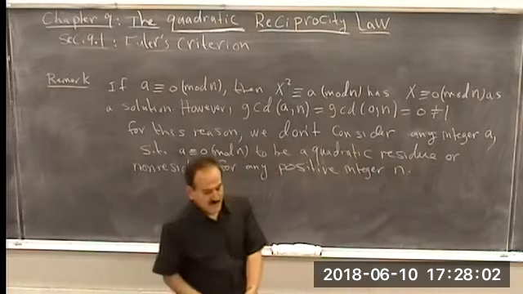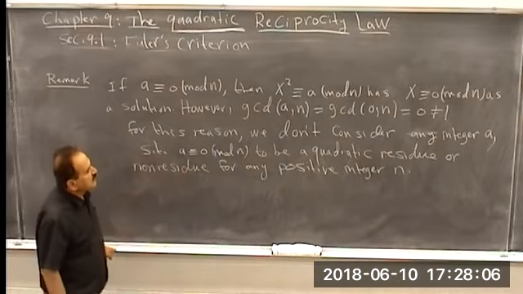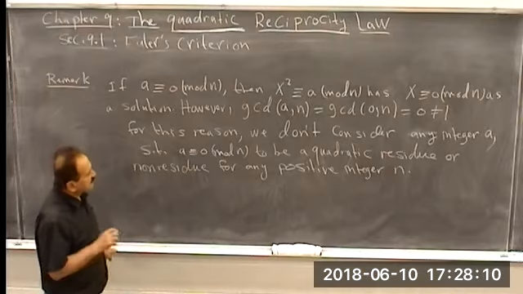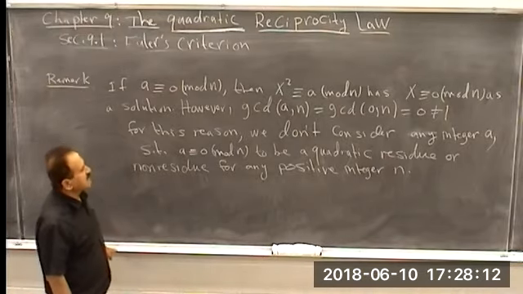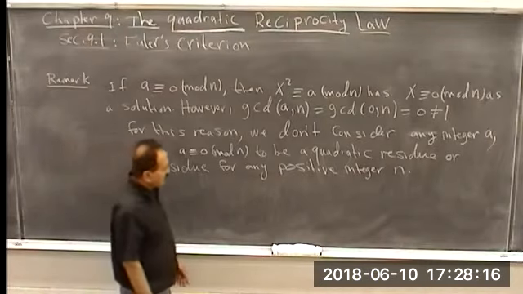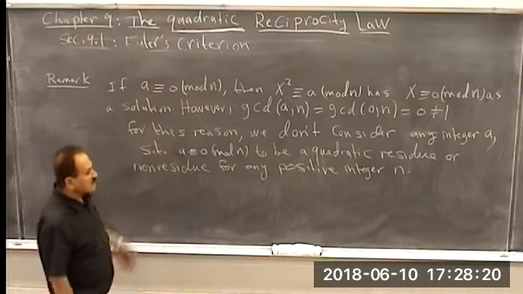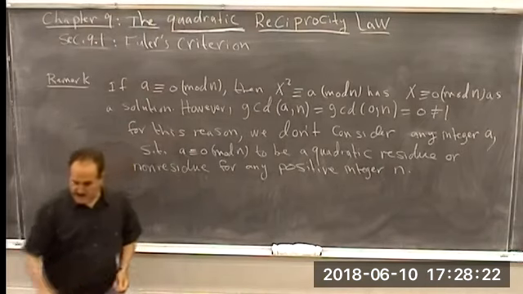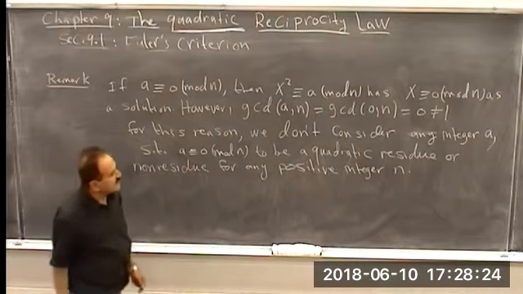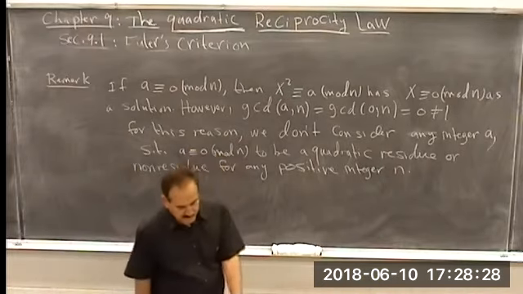In other words, it violates one of the conditions we impose on a, to be relatively prime to the integer that we are considering, for a to be a quadratic residue or quadratic non-residue. All right, so this is just a very trivial technical issue. We don't need to worry about it very much.